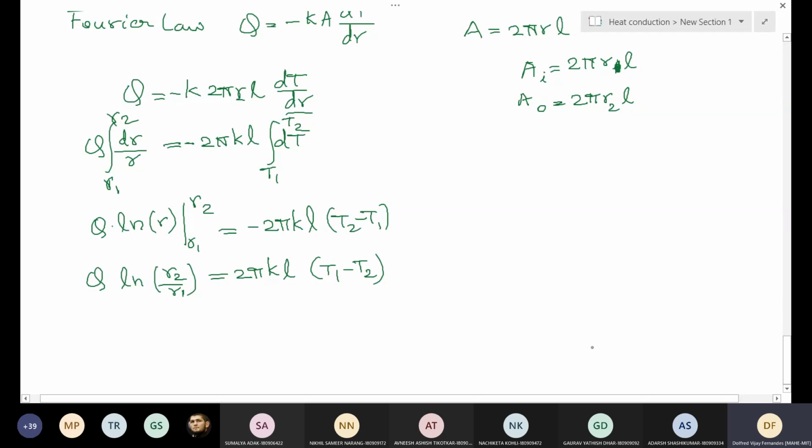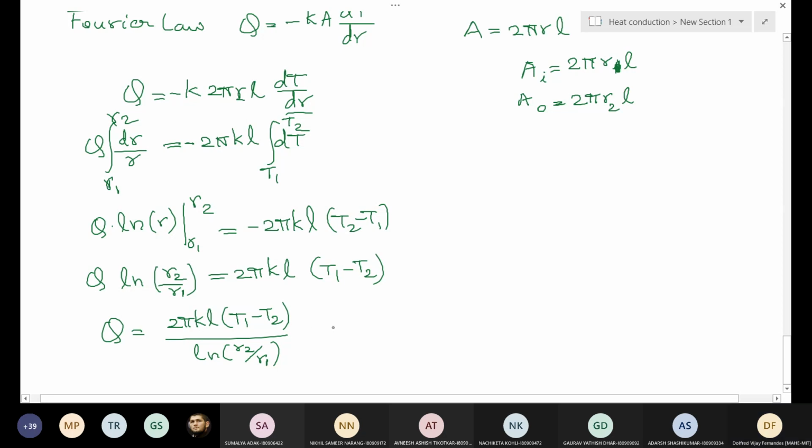Now you can write Q equal to 2 pi KL (T1 minus T2) divided by ln (R2 over R1). So this is the formula for single wall heat transfer in cylindrical coordinates.